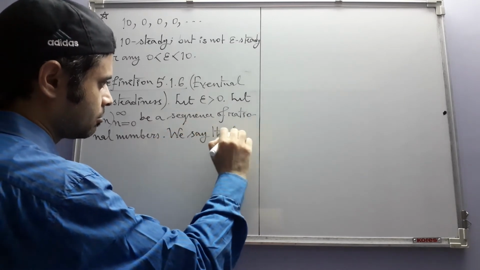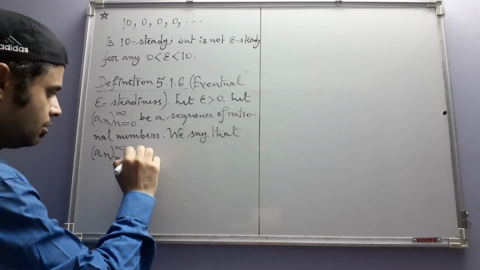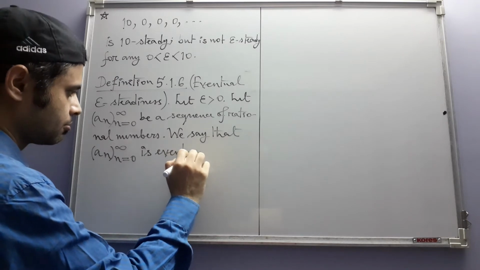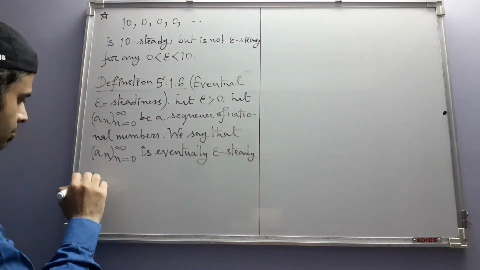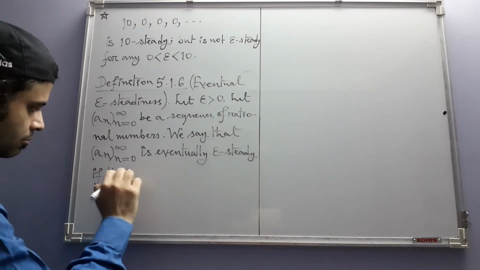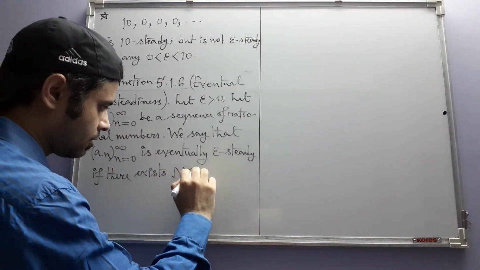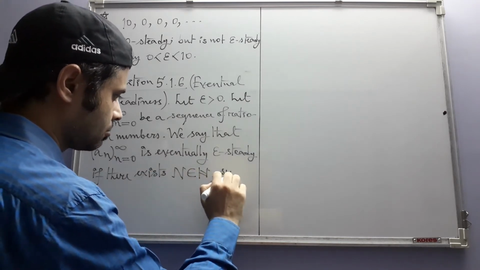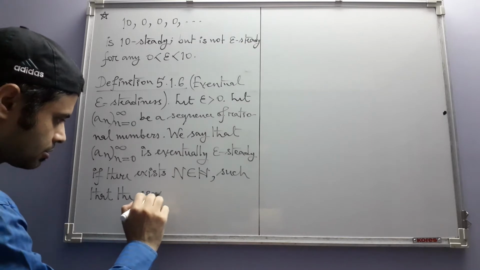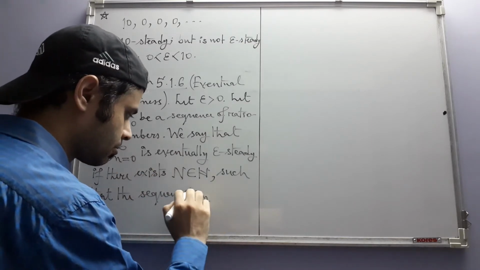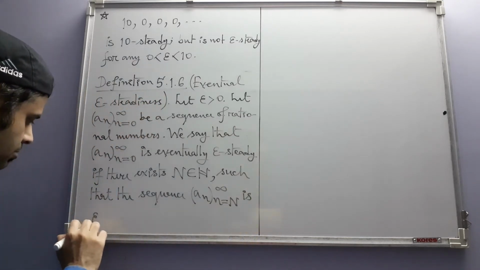We say that this sequence is eventually epsilon steady if there exists a natural number N such that the sequence starting from N is epsilon steady.